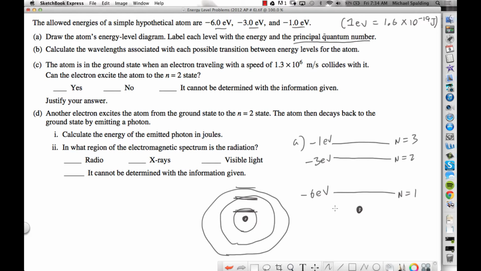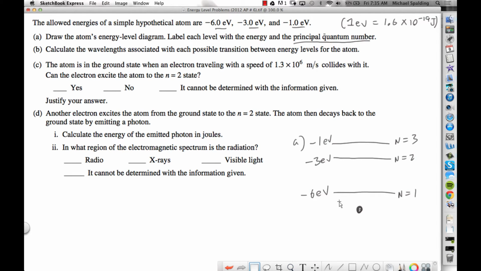B, calculate the wavelengths associated with each possible transition between energy levels for the atom. All right, so now what are the possible energies? They're asking for wavelengths, but before you figure out wavelengths, you have to figure out what the energies are.